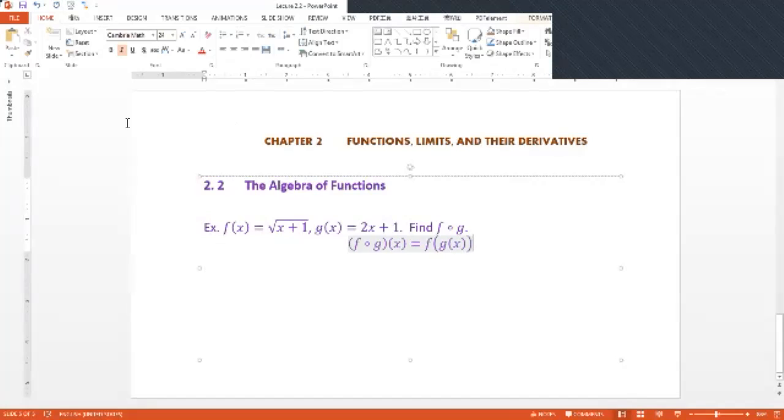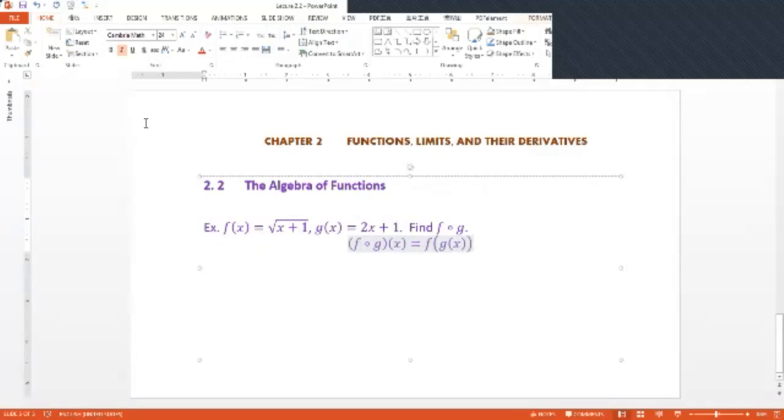Remember f is defined as square root of x plus 1. So when we mean f compose g, we actually plug in g of x in place of x in f. So what we do, we just plug in g of x in place of x in here.